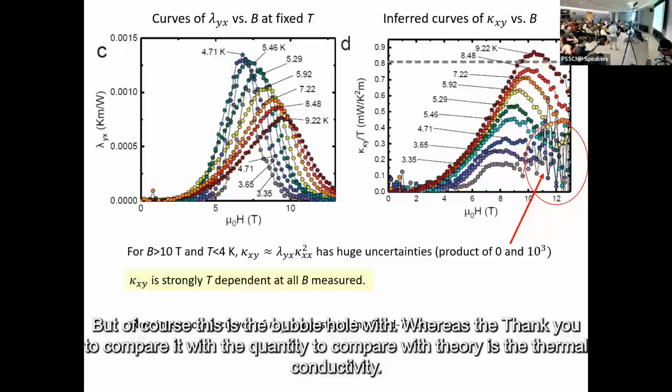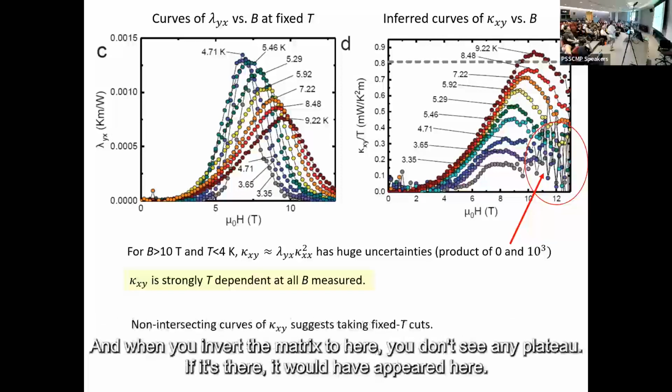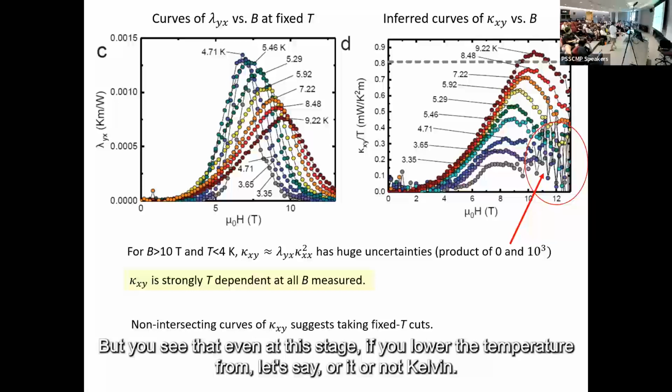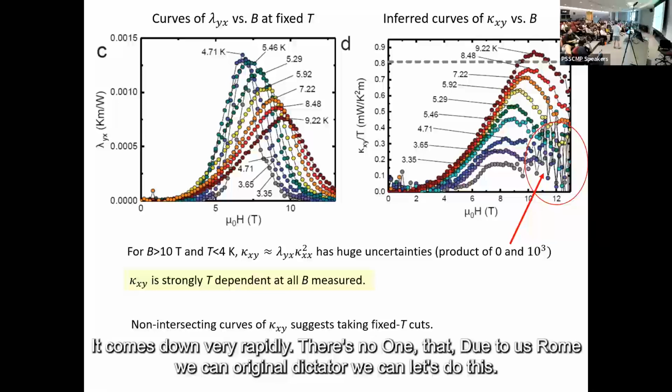But of course, this is the thermal Hall resistivity, whereas the quantity to compare with theory is the thermal Hall conductivity. And when you invert the matrix to here, you don't see any plateau. If it's there, it would have appeared here. But you see that even at this stage, if you lower the temperature from, let's say, 8 or 9 Kelvin, it comes down very rapidly. There's no quantization that holds it up there.